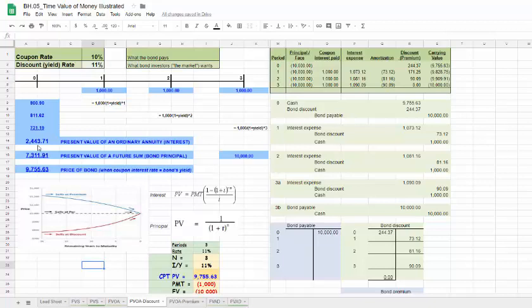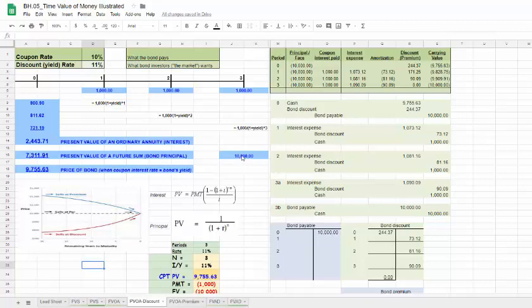So if you had a choice between receiving three $1,000 interest payments at the end of the next 3 years or a lump sum today, you would pick $2,443.71 as the lump sum you would receive today.